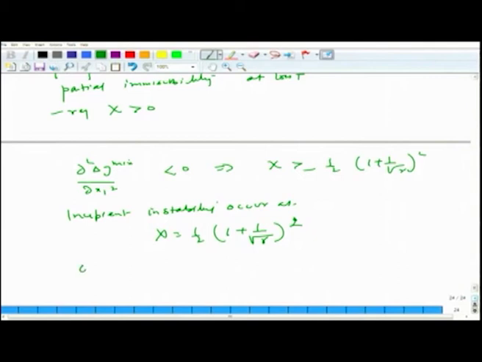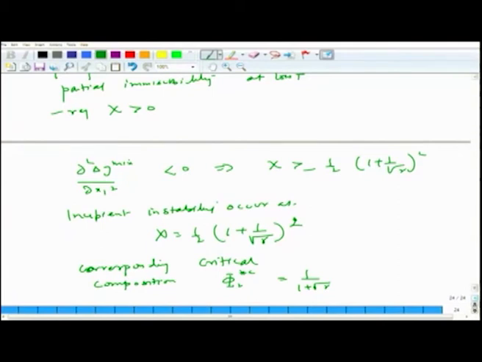In that case the corresponding critical composition phi 2 C is 1 by (1 plus root r). So, this comes directly from this analysis.